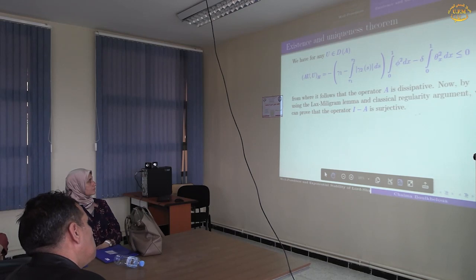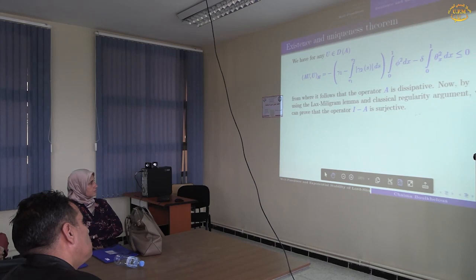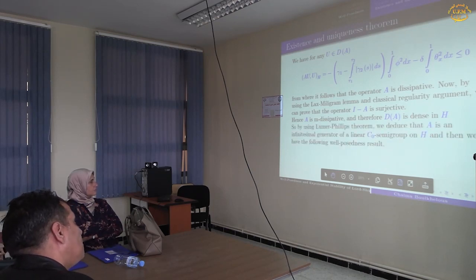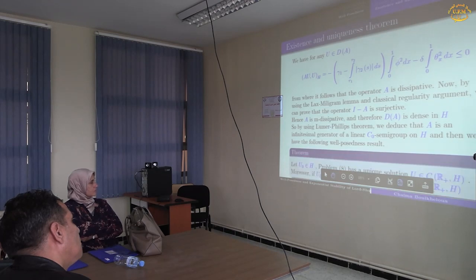From this it follows that the operator A is dissipative. Now, by using the Lax-Milgram lemma and classical regularity arguments, we can prove that the operator is surjective. Hence, A is maximal dissipative, and therefore the domain of A is dense in H. So, by using the Lumer-Phillips theorem, we deduce that A is an infinitesimal generator of a linear C0 semigroup on H. And we have the following well-posedness result, which is the existence and uniqueness theorem.